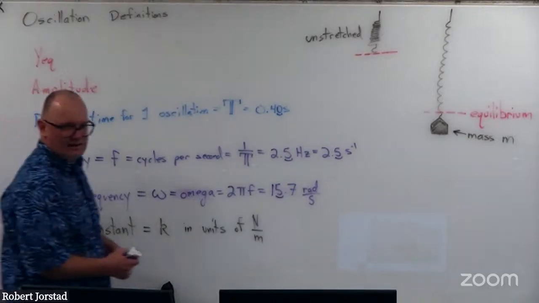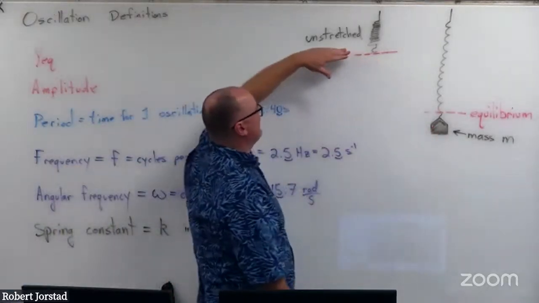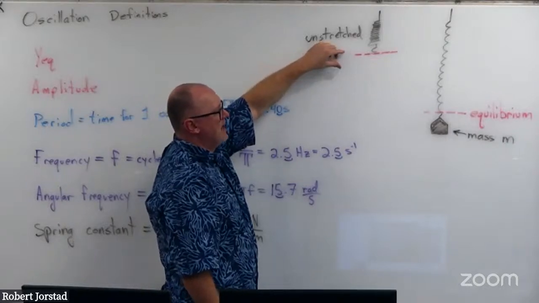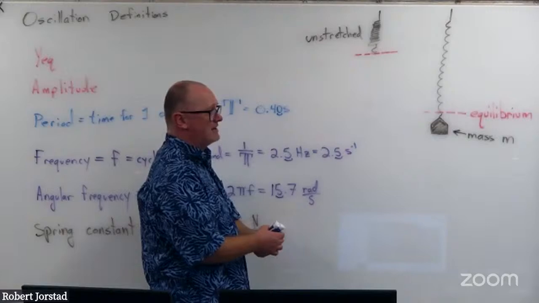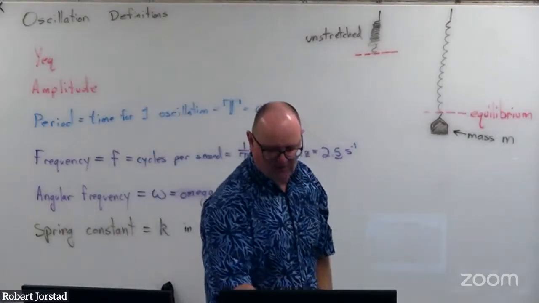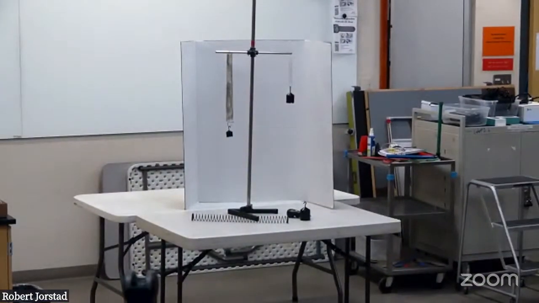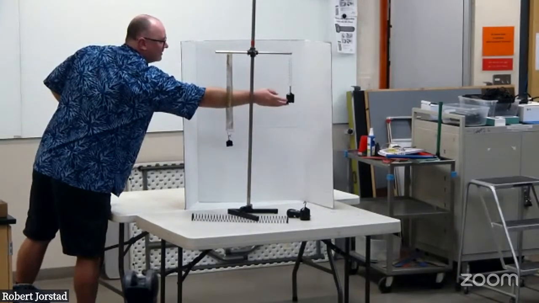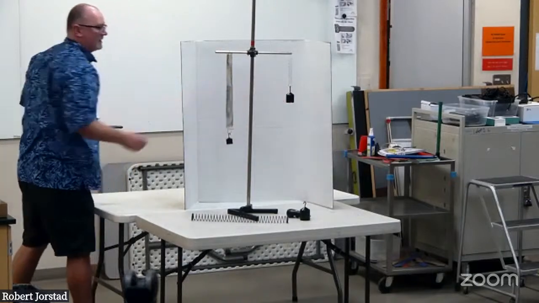So let's look here at this picture really quick. We saw that when I first put the mass on the spring, it was unstretched. And then it's bouncing around. You could imagine that if you leave it long enough, in fact, I'll even pop over there real quick. You can see that this one's starting to come to equilibrium right here. This one's still going, but this one's kind of reached equilibrium right about there.